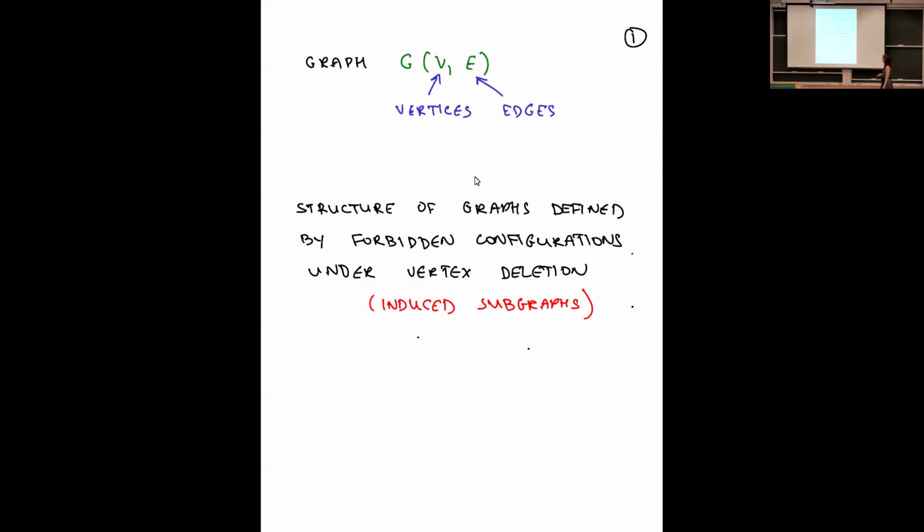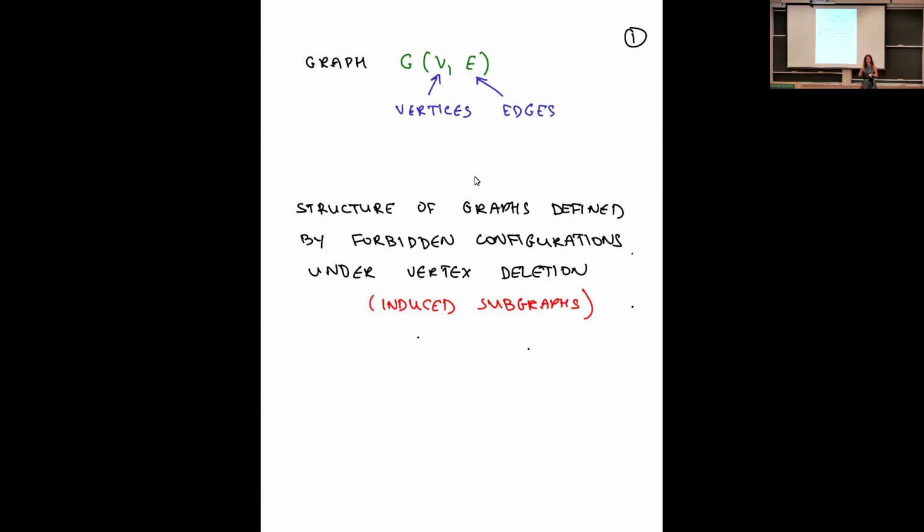Okay. So I'm a graph theorist. I study graphs. Graphs have vertices and edges, and always the vertex set is denoted by V, and the edge set is denoted by E. What I've been mostly working on in my career is understanding the structure of graphs that are described by configurations you cannot get by deleting vertices.